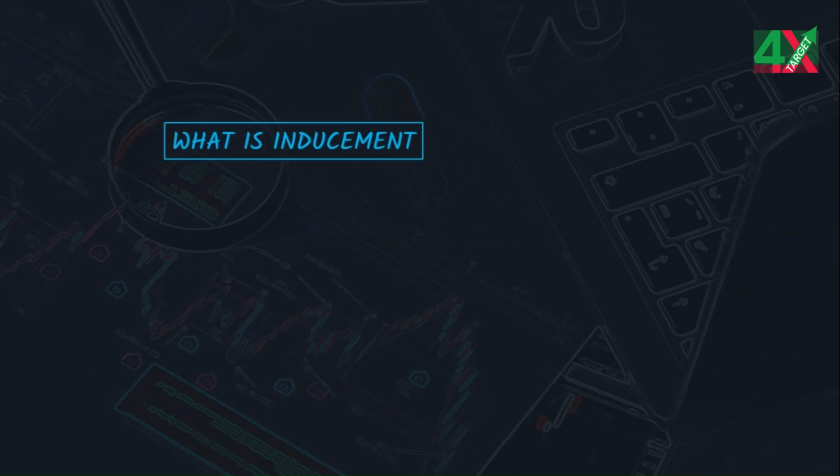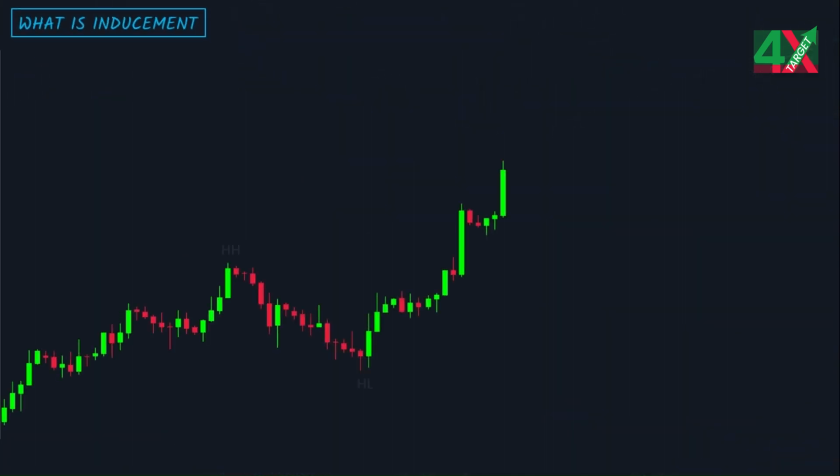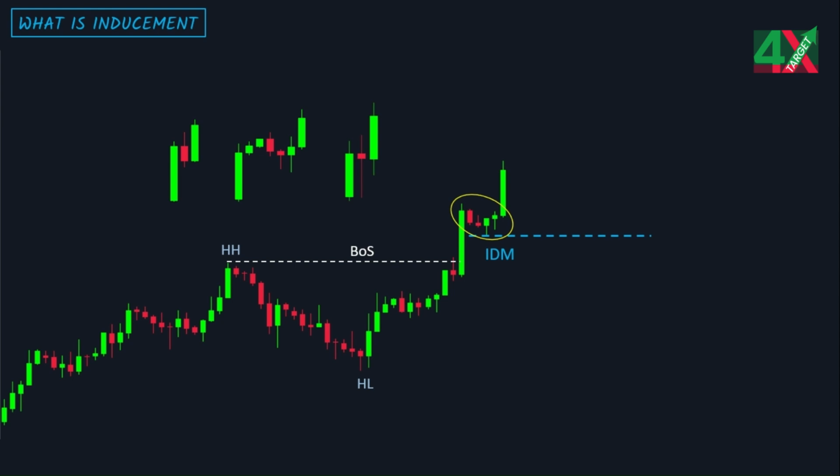Inducement is one of the core principles of smart money trading and plays a major role in understanding how institutions engineer price movements. At its simplest, inducement refers to the first minor pullback that forms right after a valid break of structure. This pullback can appear in several forms. It might be a single candle, a cluster of candles, or even just a deep wick.